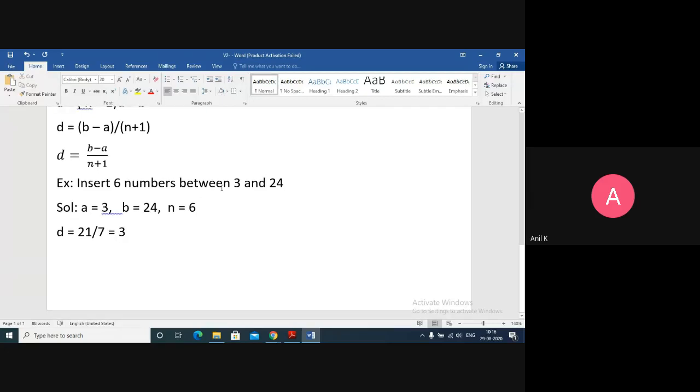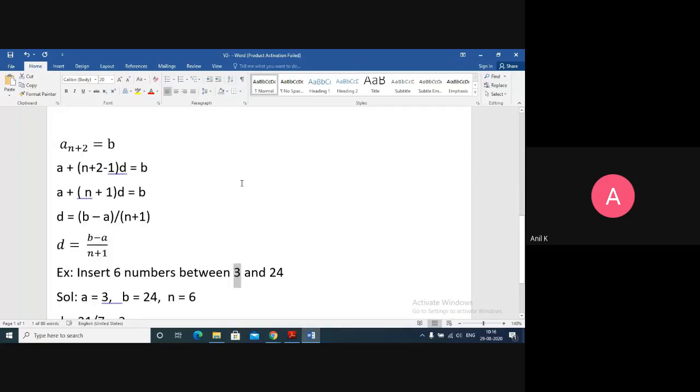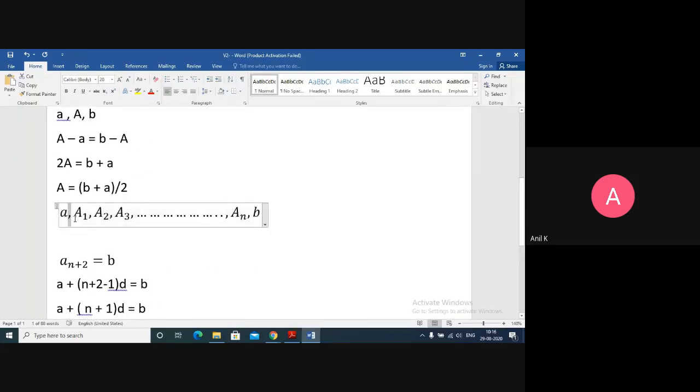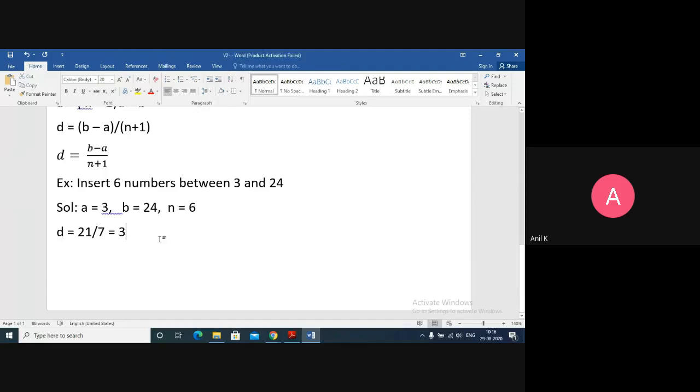I know in my AP, my starting value will be 3, because I have to start the AP as A, A1, A2, A3, A4, A5, A6, and then B will come. So my starting value is 3, then 3 plus 3 is 6, 6 plus 3 is 9, 9 plus 3 is 12, 12 plus 3 is 15, 15 plus 3 is 18, 18 plus 3 is 21, then 21 plus 3 is 24.